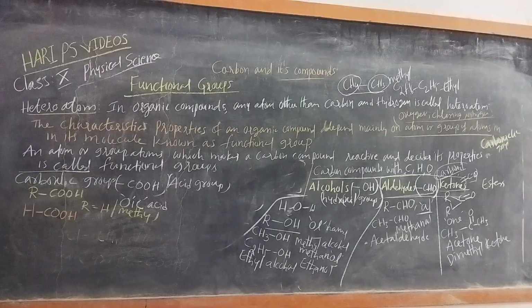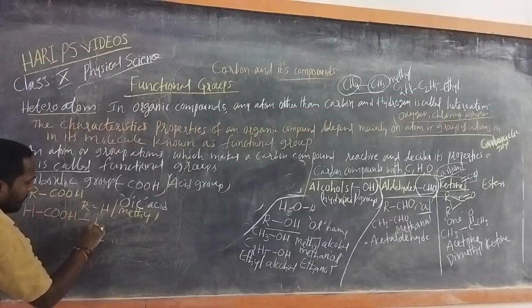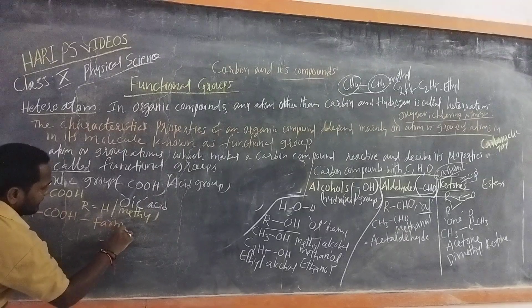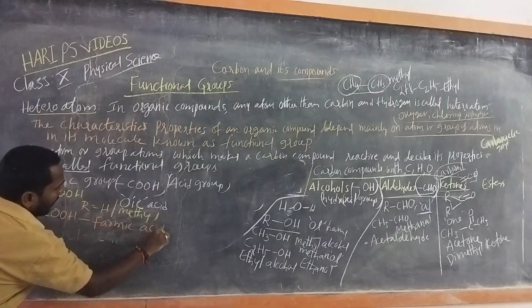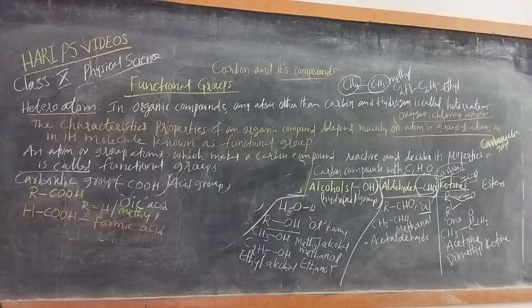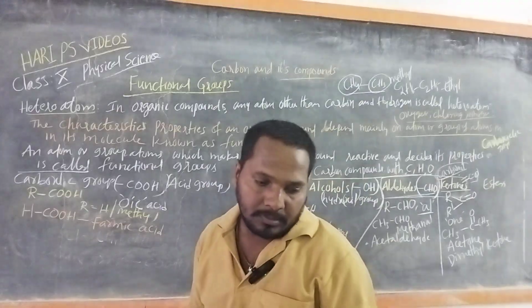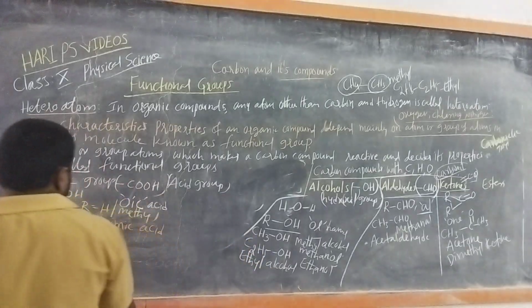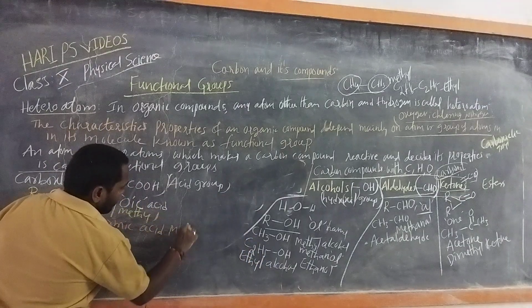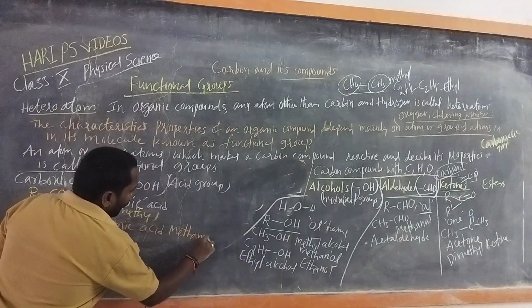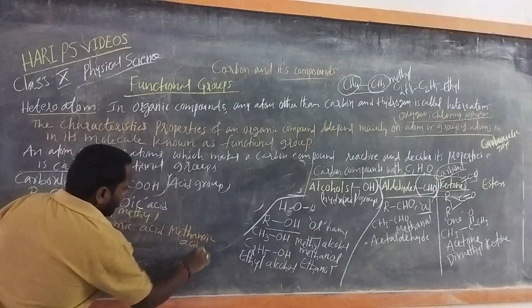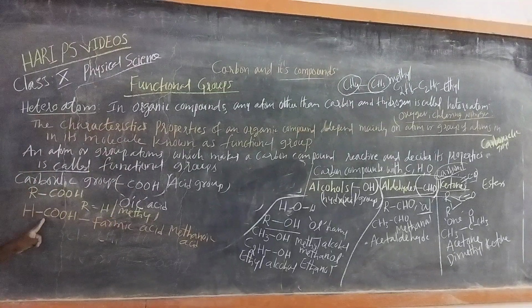So if in place of R you write H, HCOOH, its name is formic acid, which is present in ants, also called methanoic acid, as only one carbon atom is present.